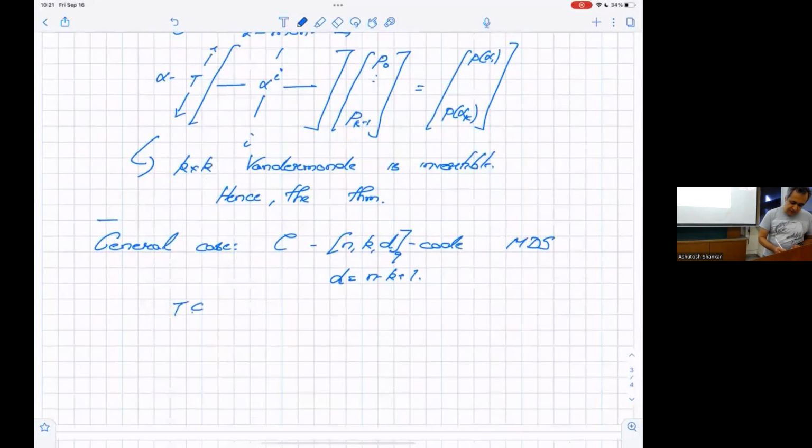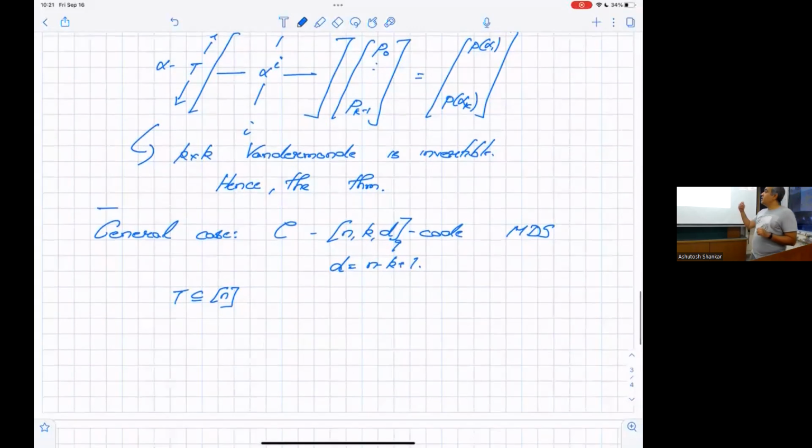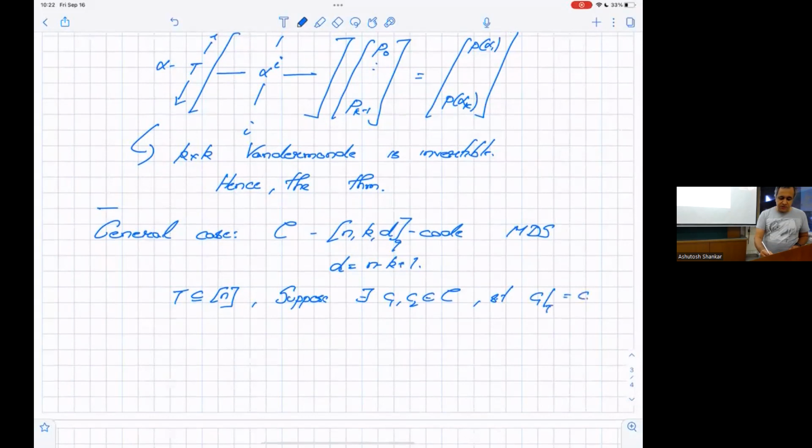So when is the theorem false? Suppose there exist c1 and c2 in the code such that c1 restricted to T is equal to c2 restricted to these T coordinates.